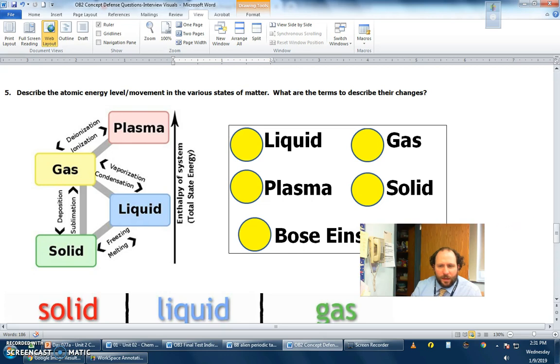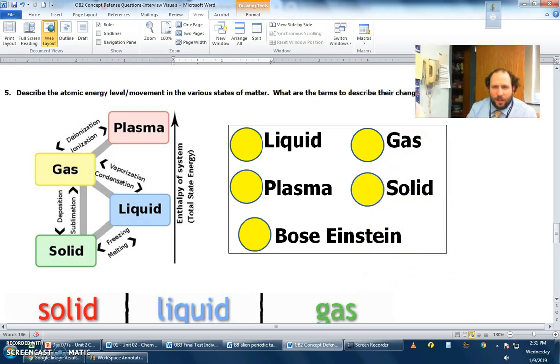Alright, next up. So in this one, this is all about kinetic energy and states of matter. And it goes without saying that a lot of this is partly memorization, but also partly an awareness of how the particles are moving at various states of matter.